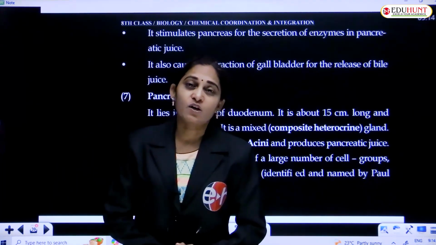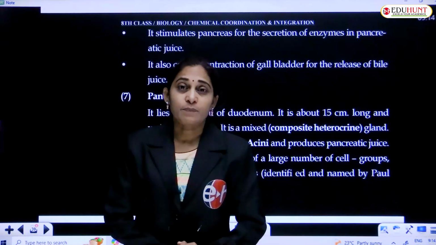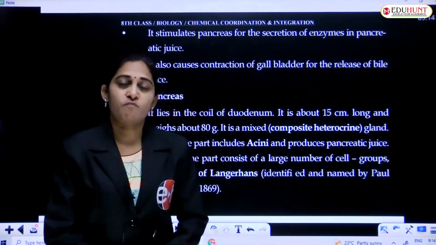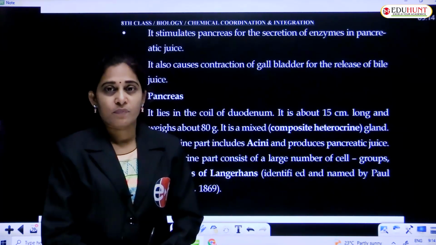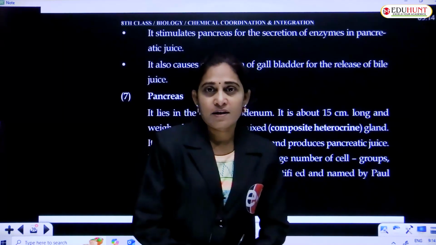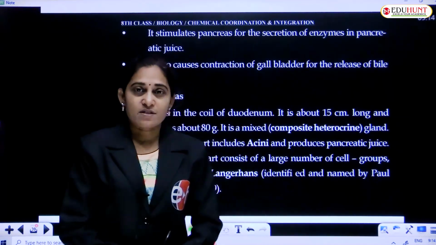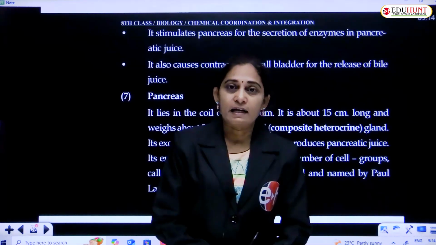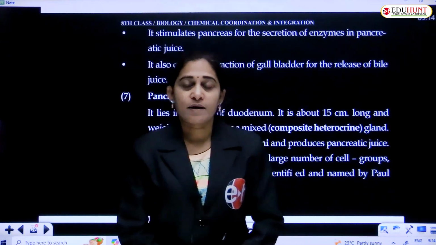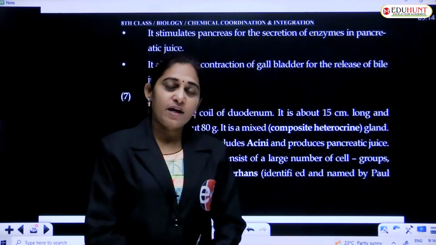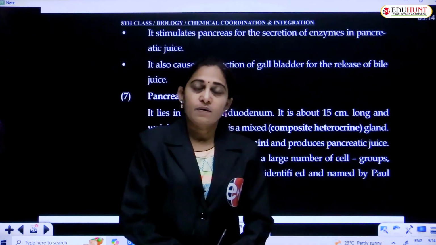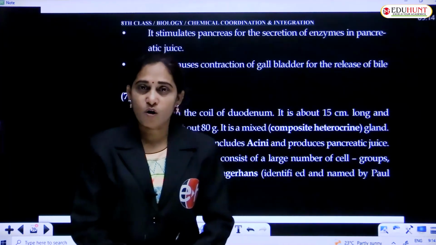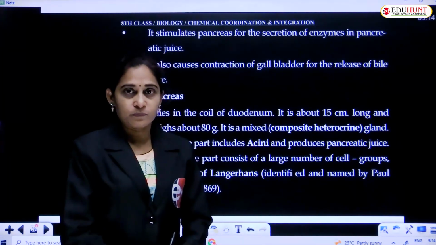Even we have seen gonads, the reproductive organs of male and female, testes and ovaries. Testes produce testosterone, and ovaries release estrogen and progesterone. And we have also discussed how these hormones work together.